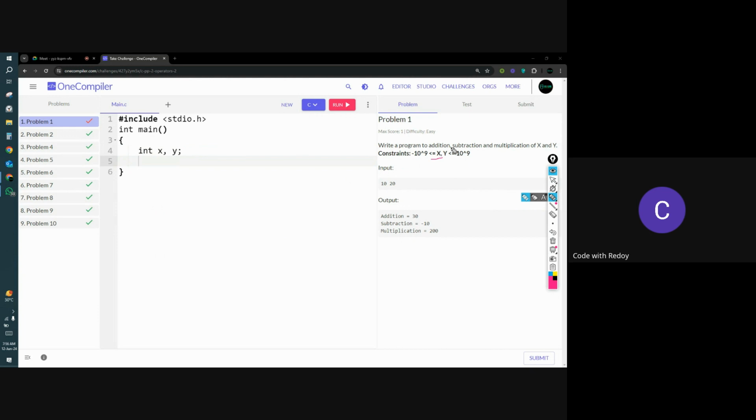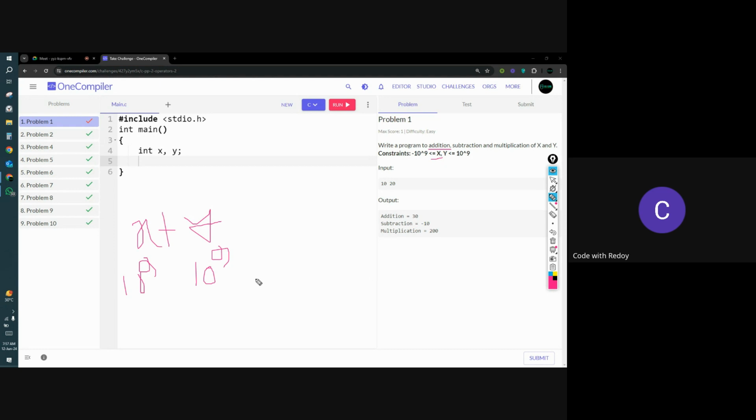So the first job you need to do is addition. That means x plus y. The maximum value for x can be 10 to the power 9 and the maximum value for y can be 10 to the power 9, right?